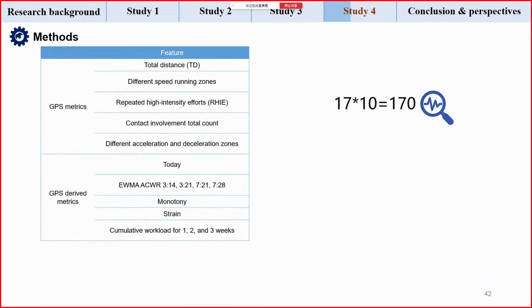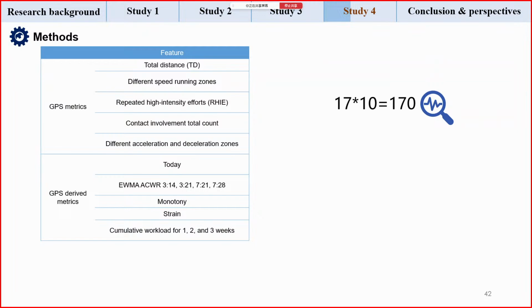In this study, we selected 17 GPS metrics and calculated them based on the monotony, strain, and cumulative workload for 1, 2, and 3 weeks before injury, and EWMA ACWR with the time windows of 3 and 14 days, 3 and 21 days, 7 and 21 days, and 7 and 28 days.